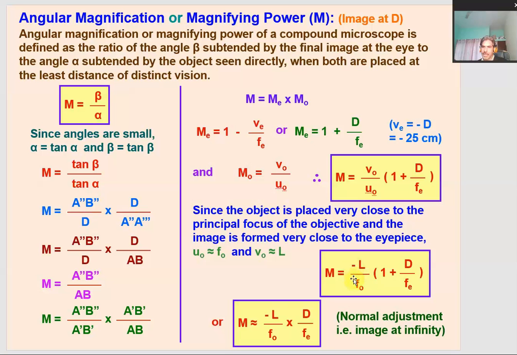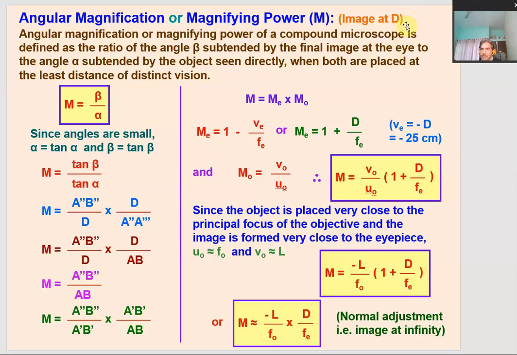The minus sign appears from the object distance, and v naught is very nearly equal to L. So it becomes minus L upon f naught, and the bracket remains the same. This is the approximated formula for the magnifying power of a compound microscope for the final image formed at the least distance of distinct vision.